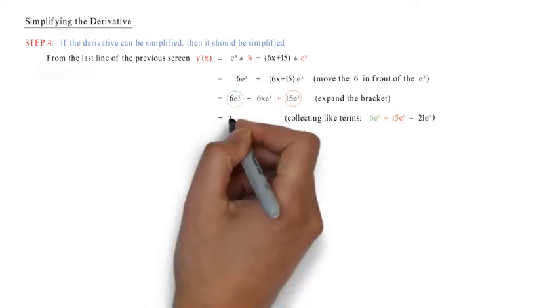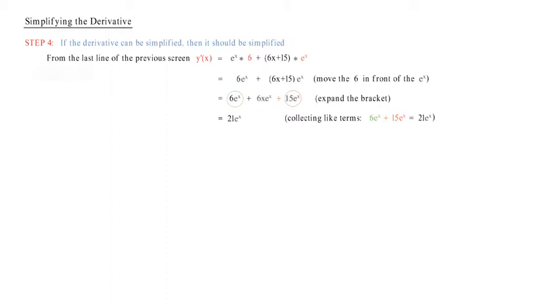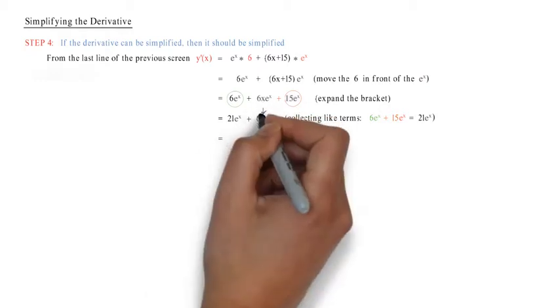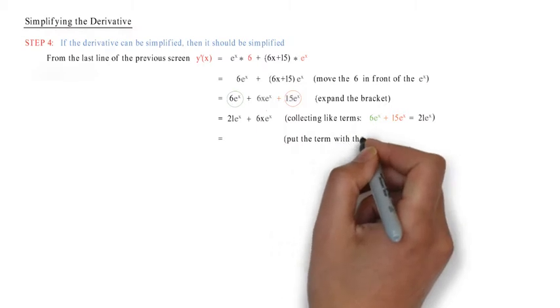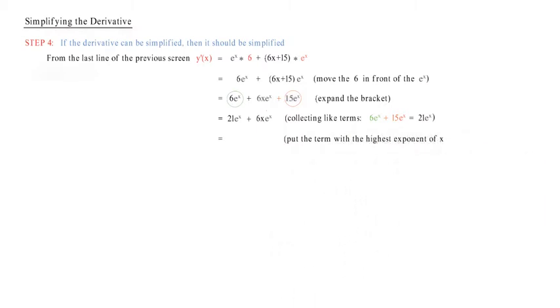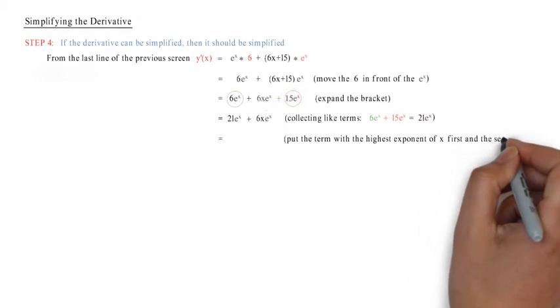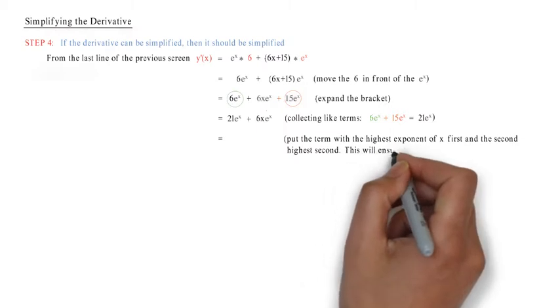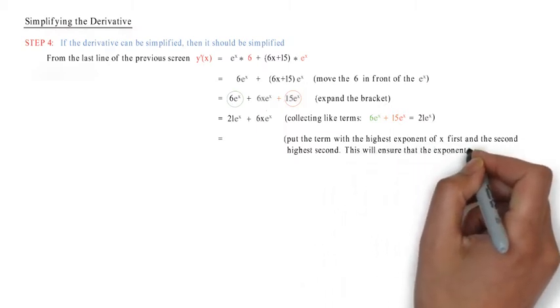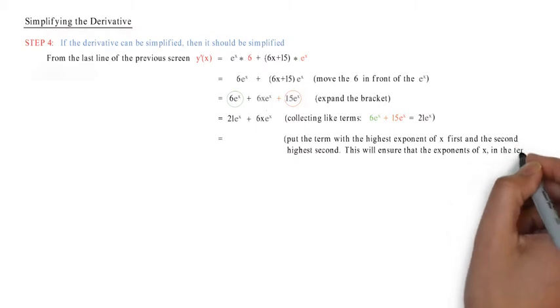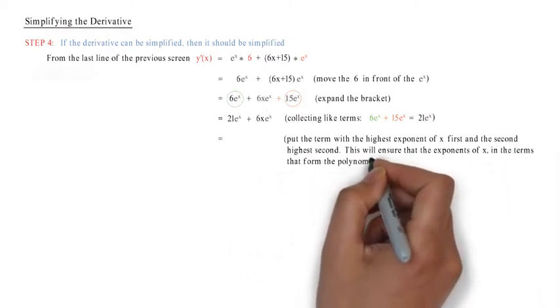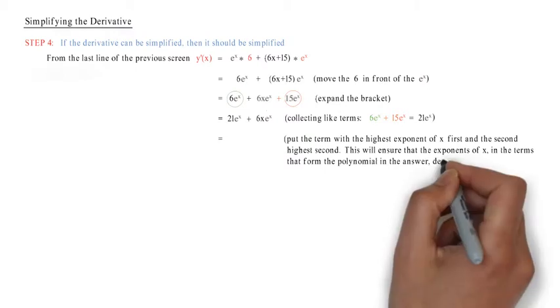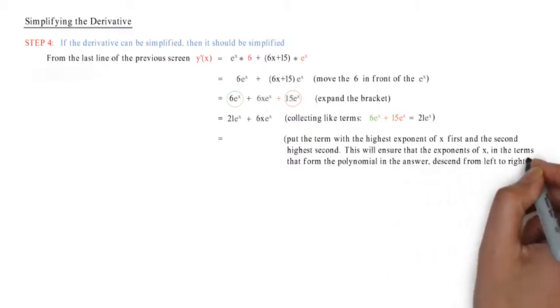Equals 21 e to the x plus 6x e to the x equals, put the term with the highest exponent of x first and the second highest second. This will ensure that the exponents of x in the terms that form the polynomial in the answer descend from left to right.